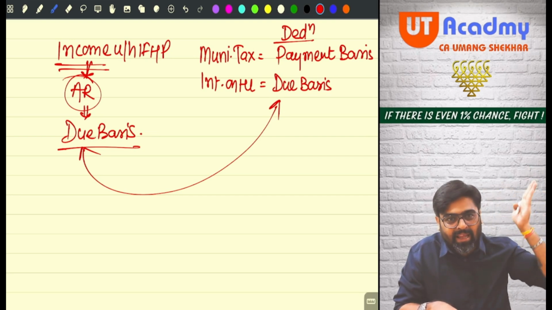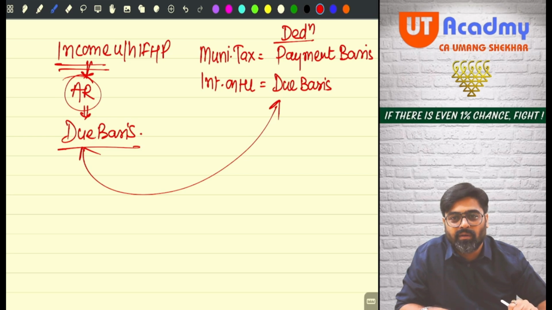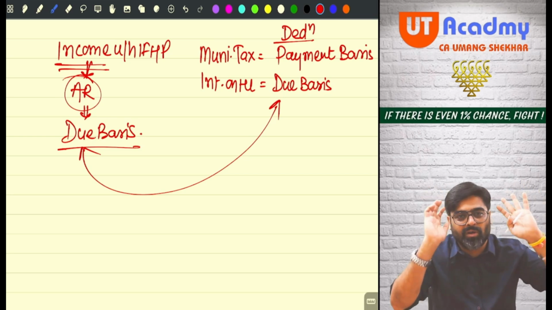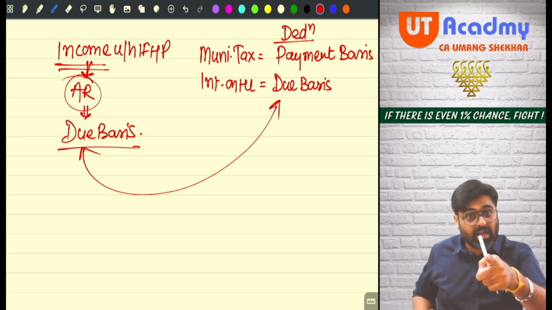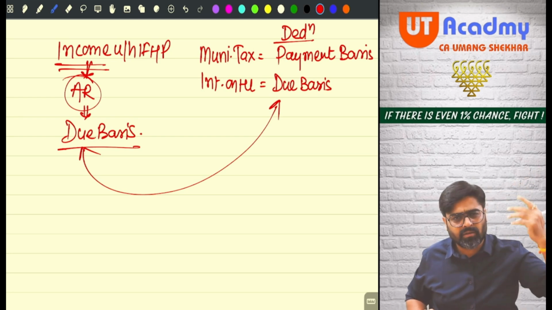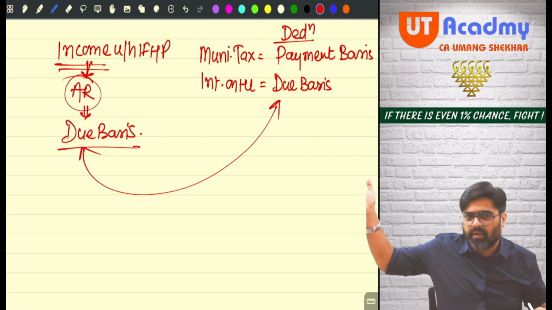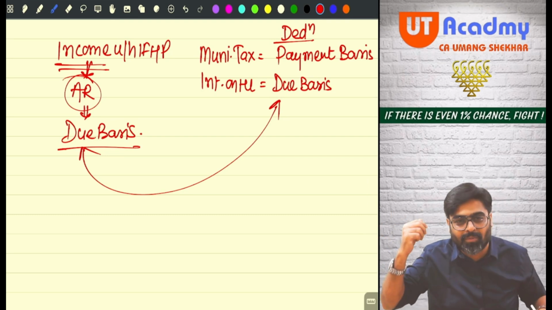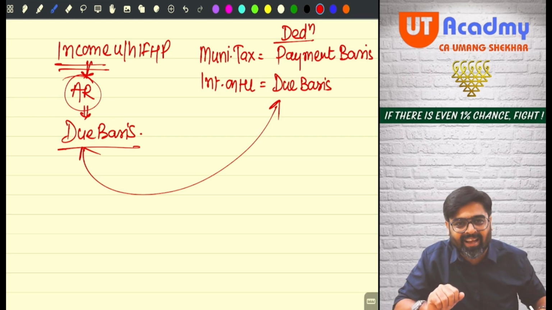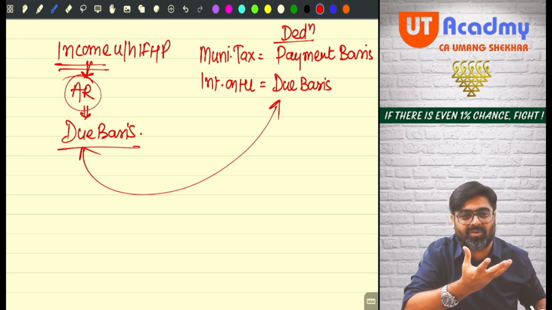Otherwise, they will keep on running behind you, and you are never going to pay that tax. Municipality will say, we will charge penalty. Fine, no problem, we are anyway going to get the deduction for that municipal tax on due basis.